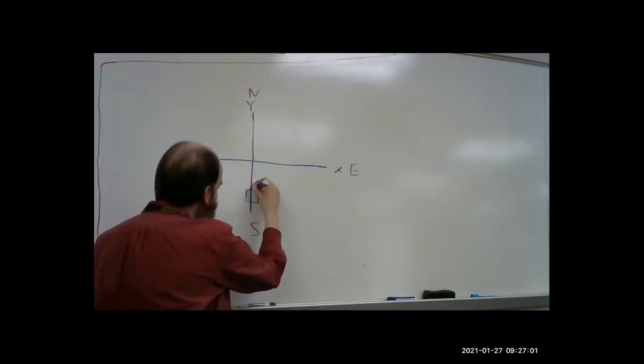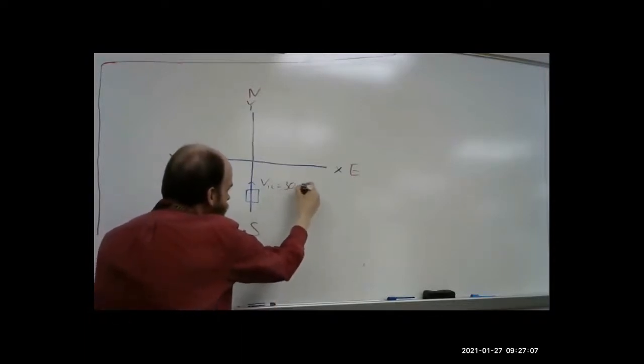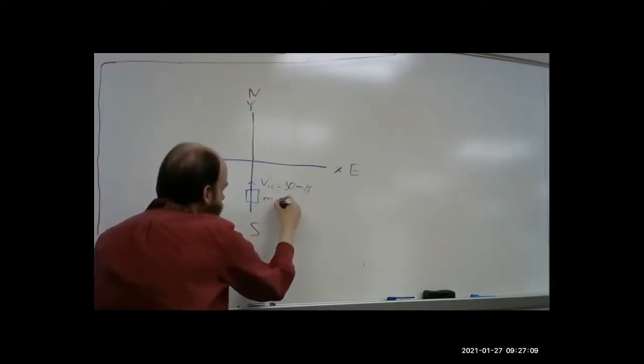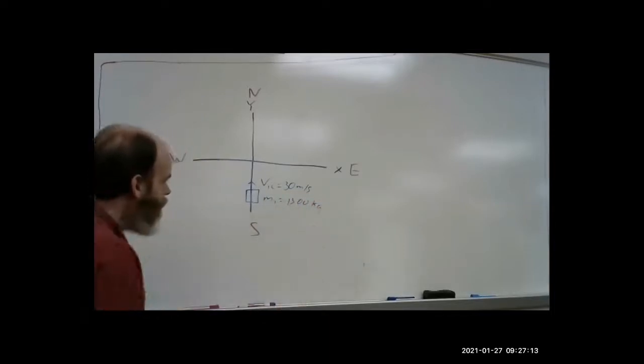There it is. The V1 initial equals 30 meters per second, and mass 1 is 1,300 kilograms.